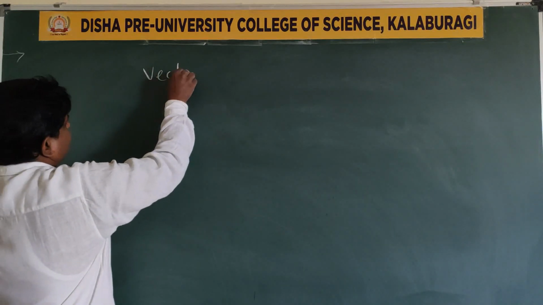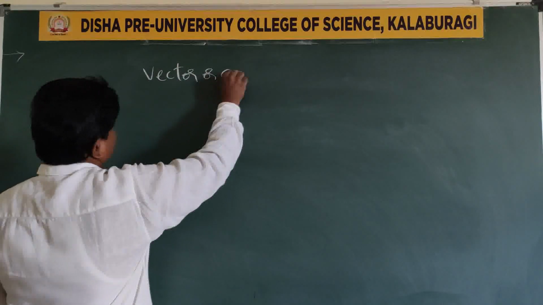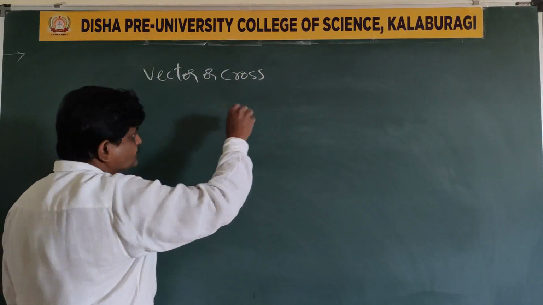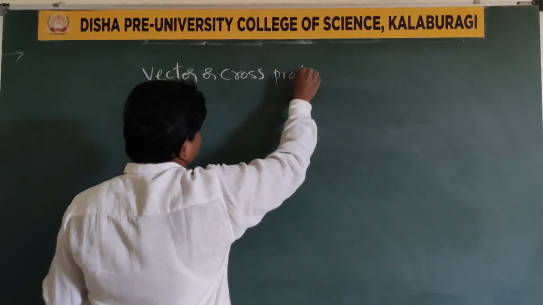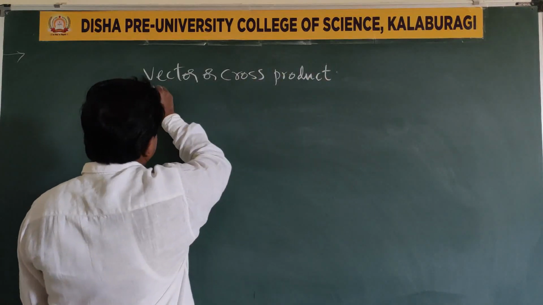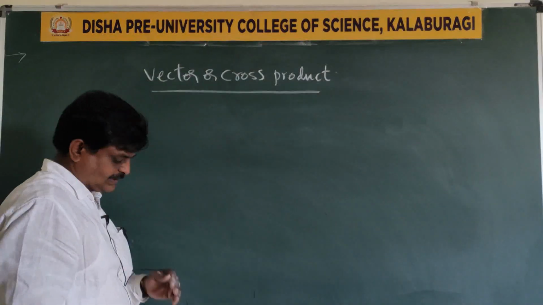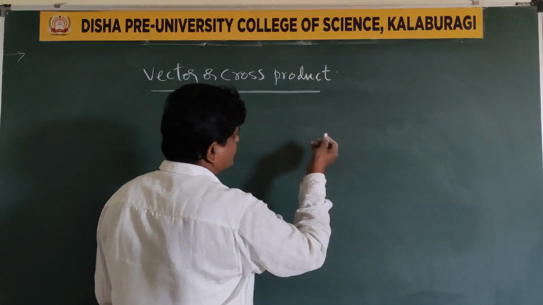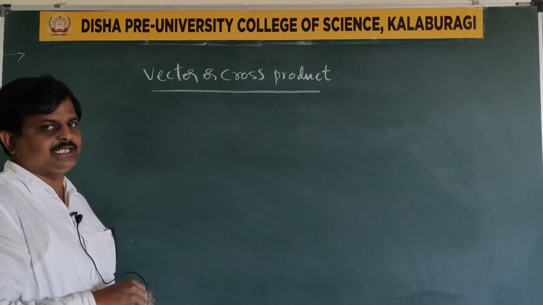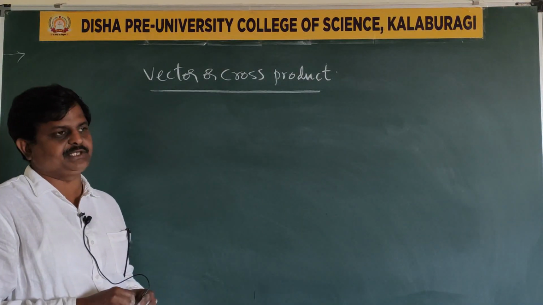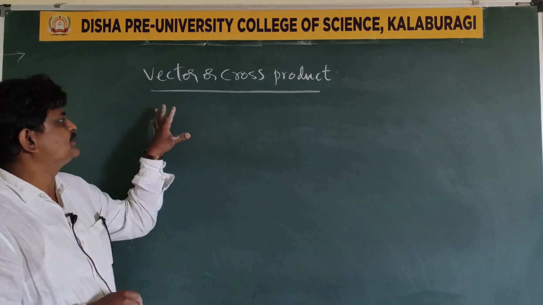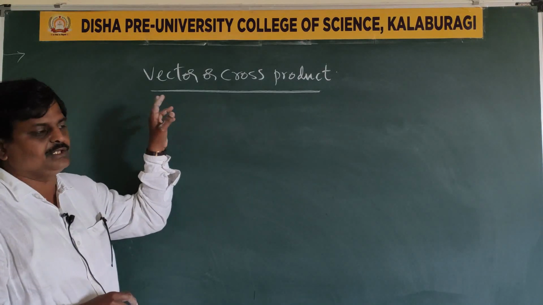Next one, vector or cross product. See how it is defined. Here also theta is the angle between the vectors, but which product are we supposed to find? It's the cross or vector product.